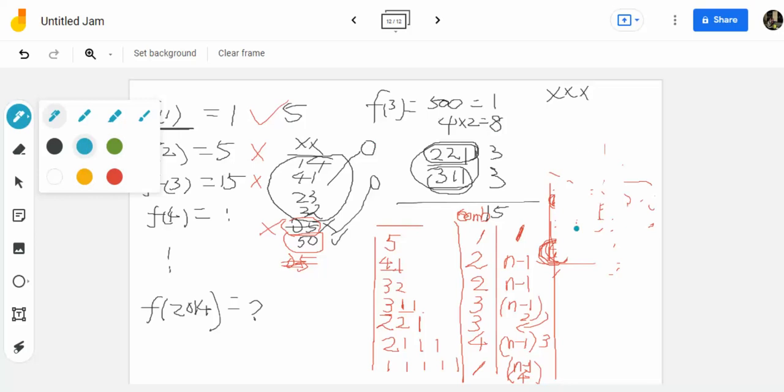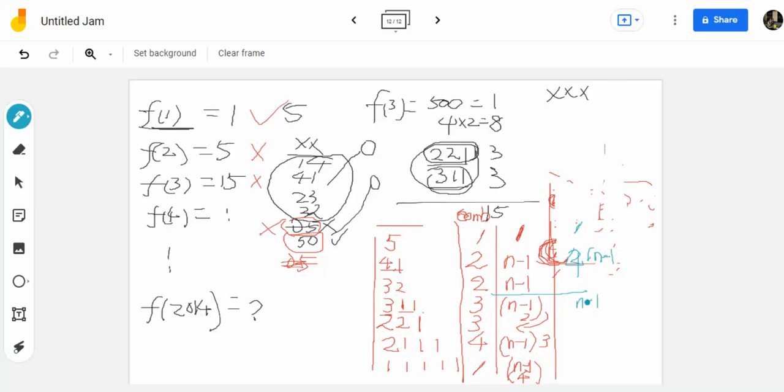Okay, here, this is 1. Then what is this one? This is 2 times n minus 1. This one's the same, right? So we get 4 times n minus 1. What about this? This is n minus 1 pick 2, right? What is n minus 1 pick 2?